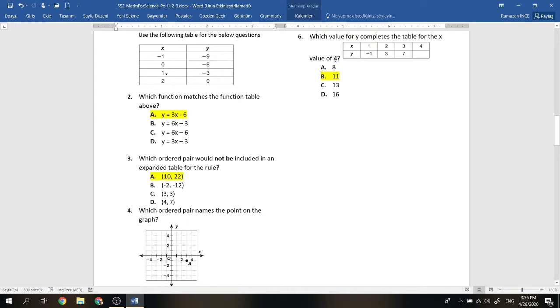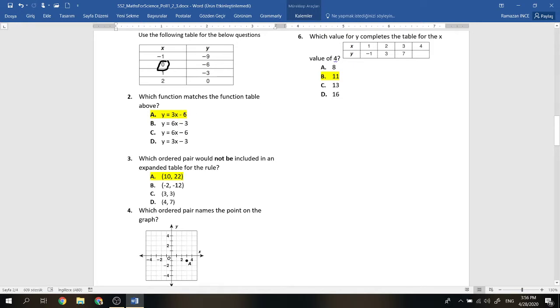For such questions it will be easy to try the easy numbers. Now when we look here, there is a very easy number. We have 0 as an input here. Then it's better to put 0 instead of x for each option.